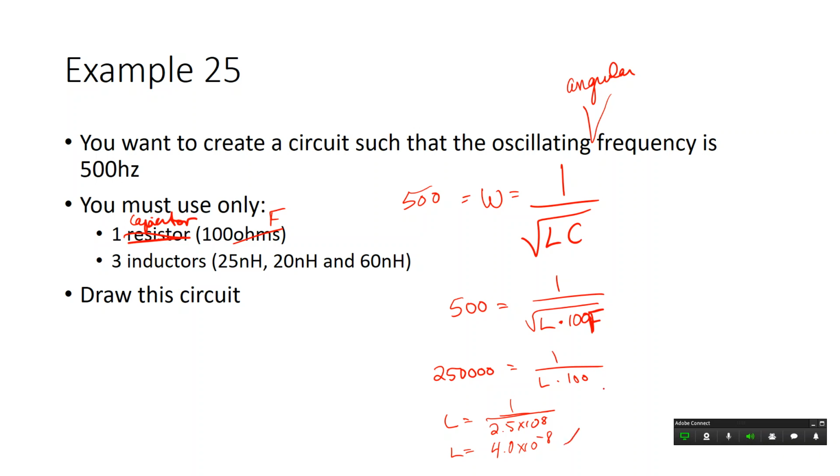So how do we arrange 3 inductors so that we get 40 nanohenry? So now there's three, and I can only use each one once. How can I arrange them so that my total equivalent inductance is 40 nanohenry? I agree with the minus 8.